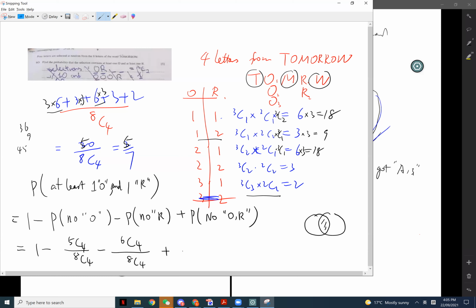What's the probability of no OR? 0, because you only have 3 and you choose 4. That's not possible. Calculate the value. That's the answer. Jeffrey, understand this method? Yes, thank you.